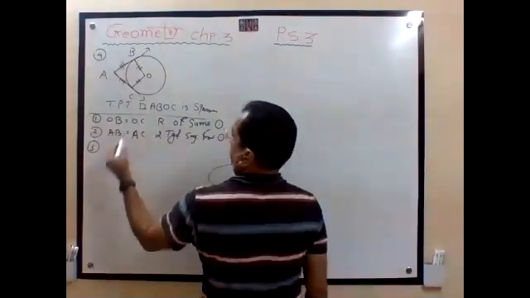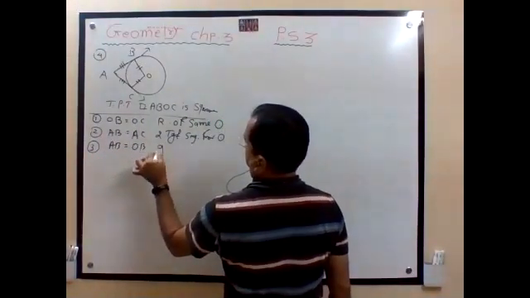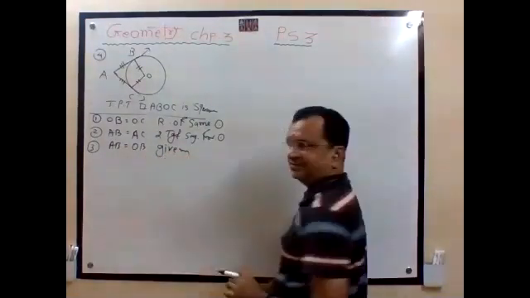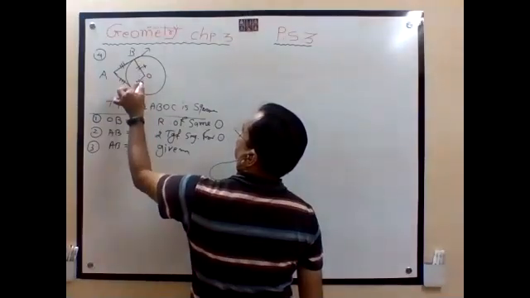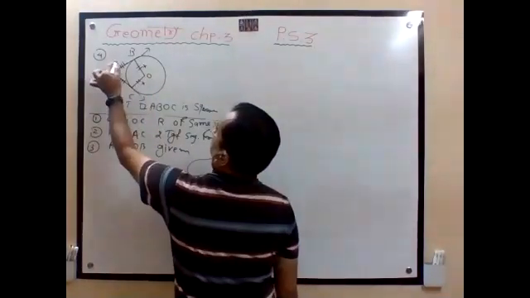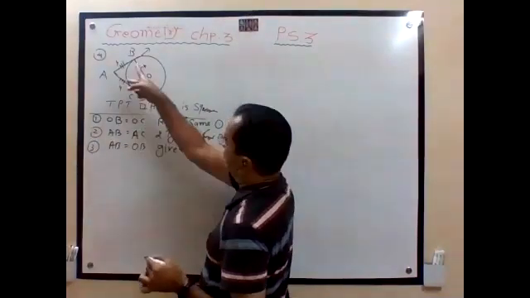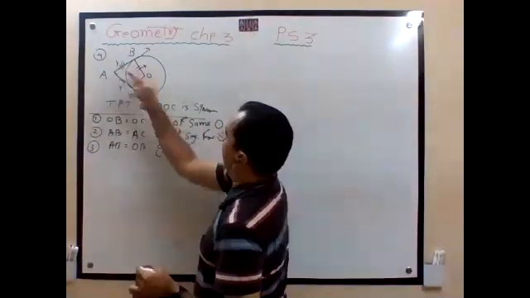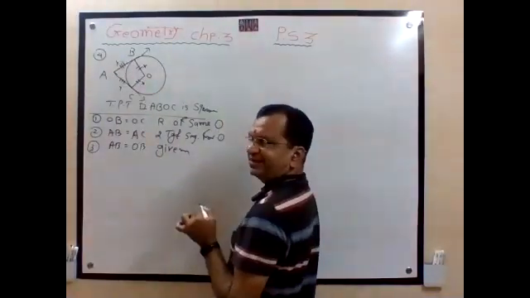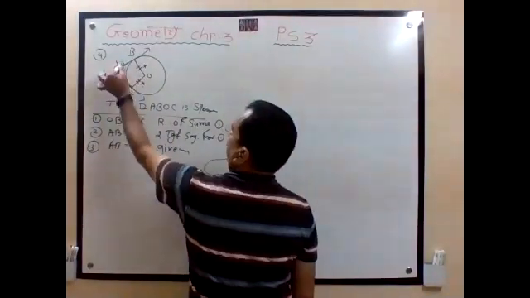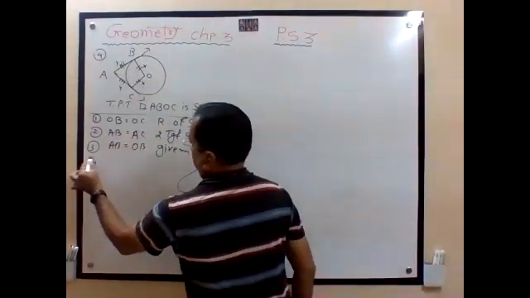Now they have given AB is equal to OB. If this is equal to this, this is x, first statement, y is second statement, x is equal to y is the third statement. So x are equal, y are equal, now x and y are equal. So all four are equal.